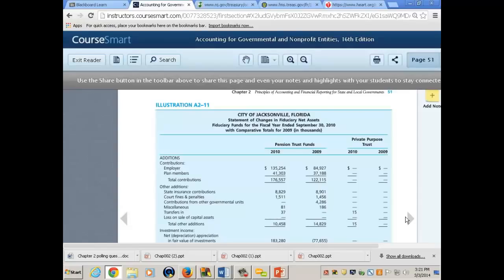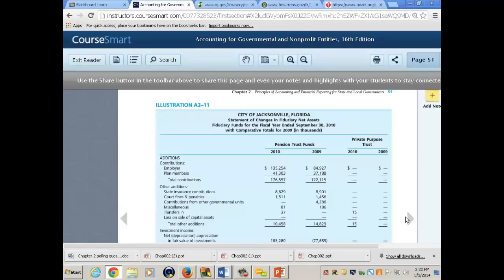Now let's move to the fund financial statements. What are they? They are the governmental balance sheet, the governmental statement of revenues, expenditures, and changes in fund balance, right? Those two statements. And then we have the fund statements for proprietary fund, which are the three statements, right? Statement of net assets, statement of revenue, expenses, and changes in fund net assets, and then cash flow, and then the fiduciary two statements.